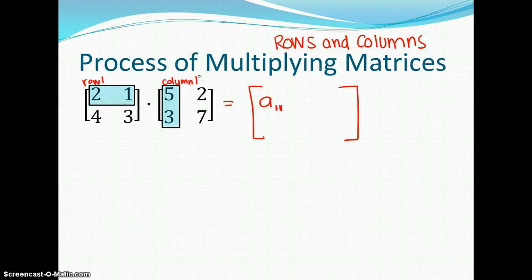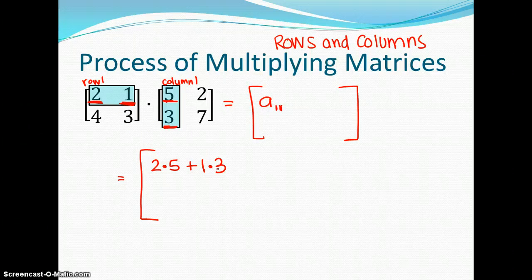What this is actually called, if you want the technical name, is the dot product. To find this entry, you're going to take the first elements in row 1 and column 1 and multiply those together. So 2 times 5, and to it you're going to add the second elements multiplied together, 1 times 3.